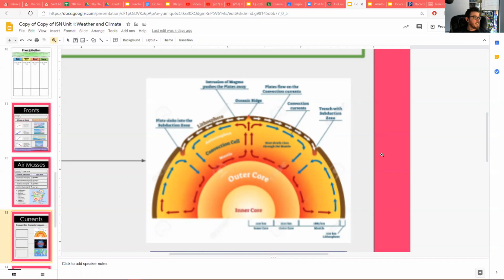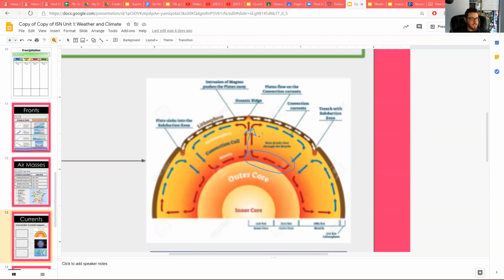A convection current is just simply a liquid that has been heated, and it causes that liquid, where it's getting heated, like right here in the mantle, to rise. This molten rock is much closer to the heat source, so it's getting hotter faster than the stuff up here. That causes this liquid rock to rise up.